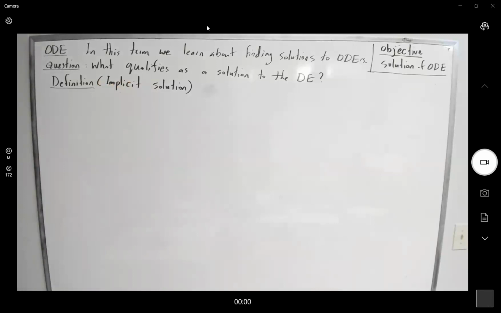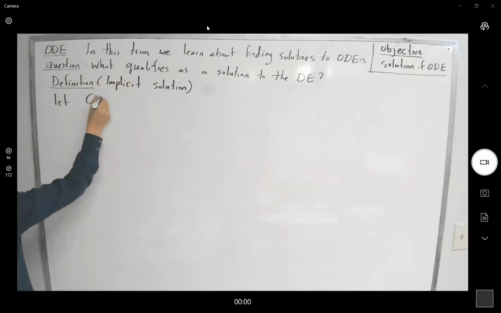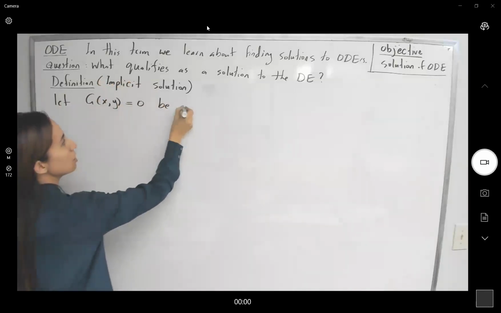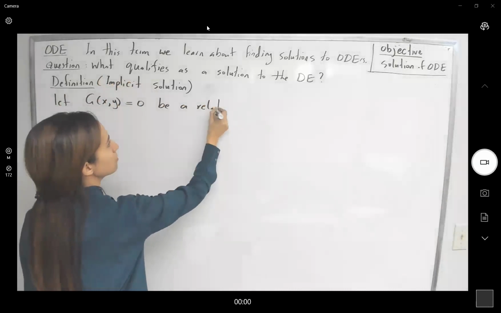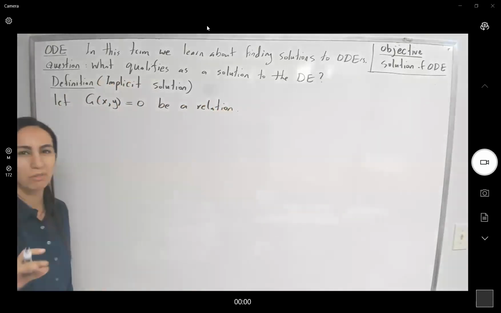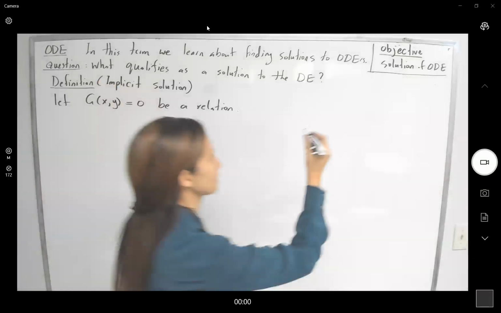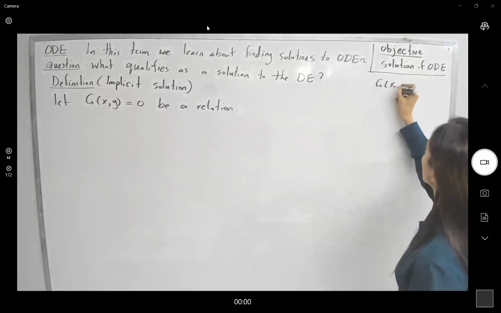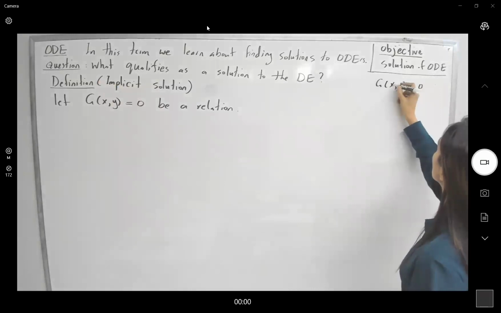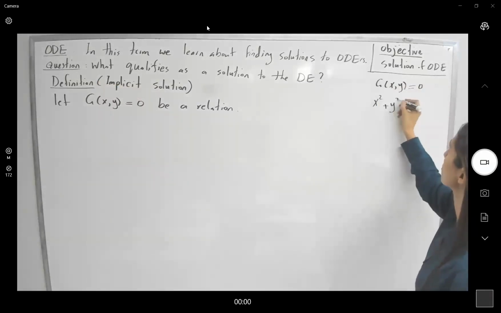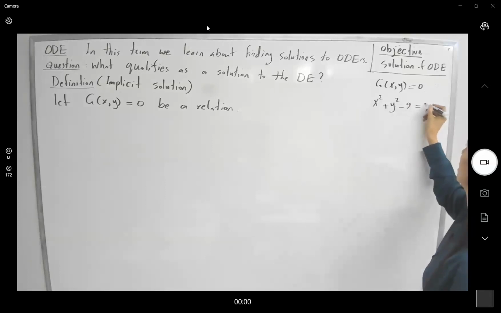Well, suppose you have a relation. Let g of x and y equal to 0 be a relation. Remember, you had relations like this in calculus. For example, if you see g of x and y equal to 0, it might be something like x squared plus y squared minus 9 equal to 0.